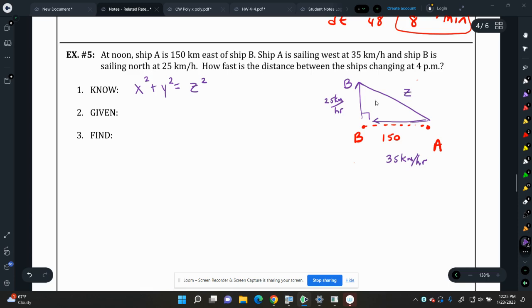Y double prime, we're going to take the derivative again. So this time it's the first times the derivative of the second plus the second times the derivative of the first. So we already know the derivative of e to the negative x squared because we just did that above. That's negative 2x e to the negative x squared.